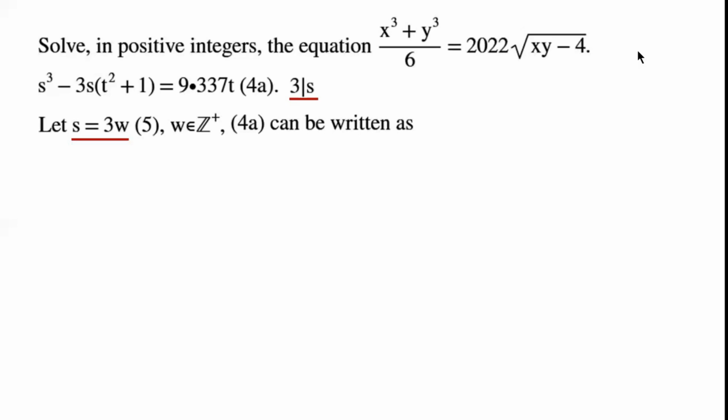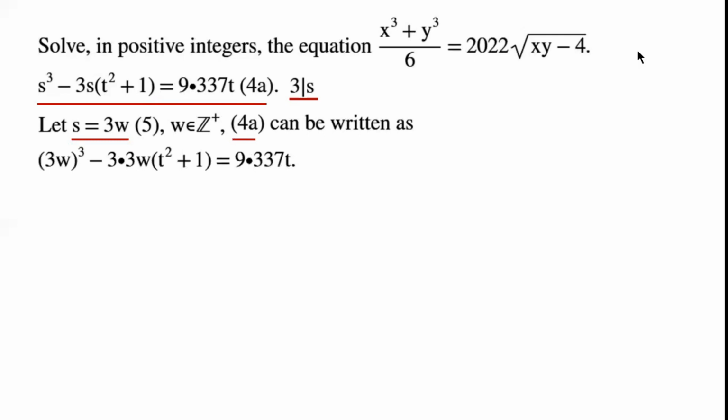Equation 4a can be written as (3w) all cubed minus 3 times 3w times (t squared plus 1) equals 9 times 337t.